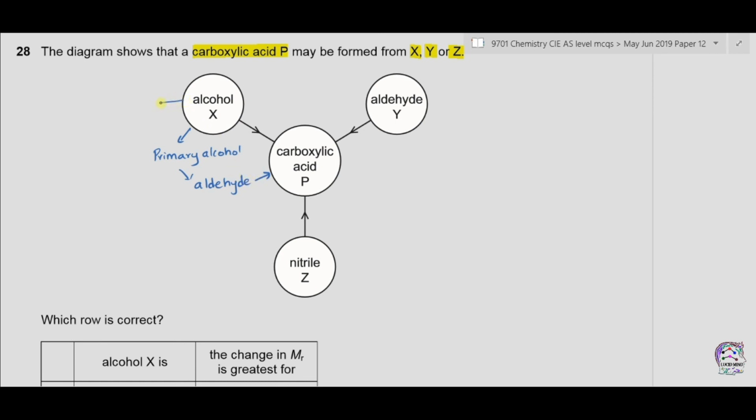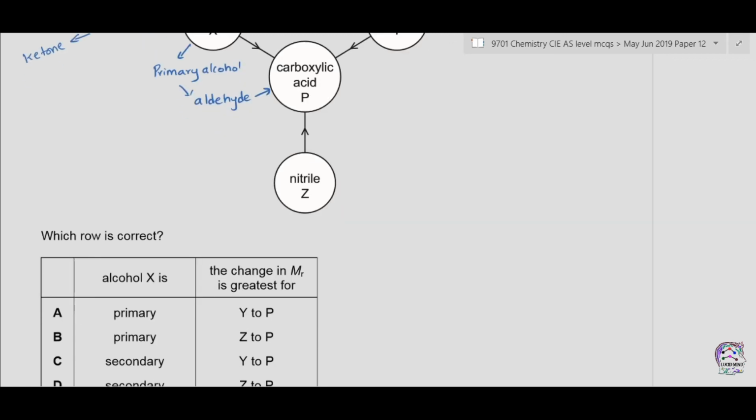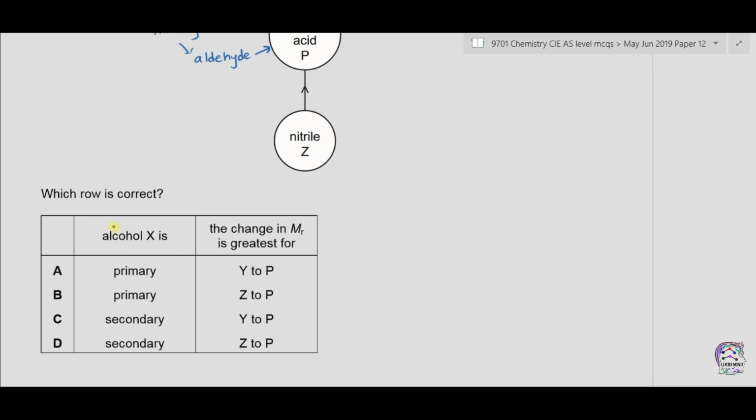If it is a secondary alcohol, then it does not convert into carboxylic acid because it will convert into ketone. In the options we can see that alcohol X should be primary, so it could be A or B. It is not C or D.